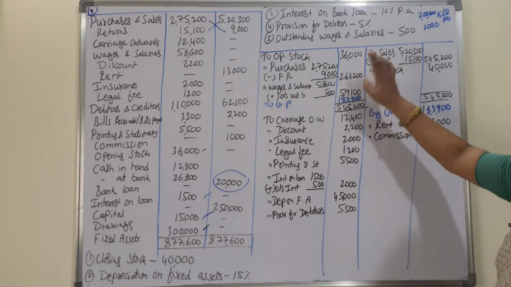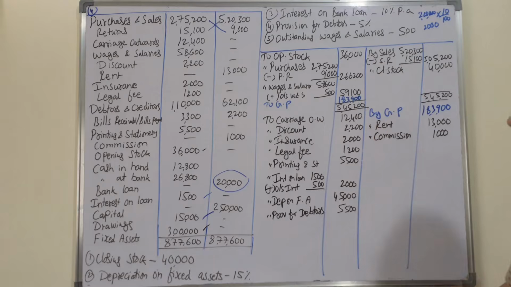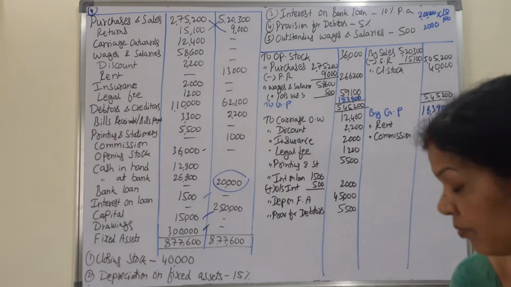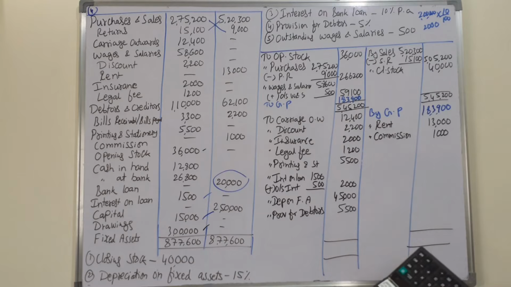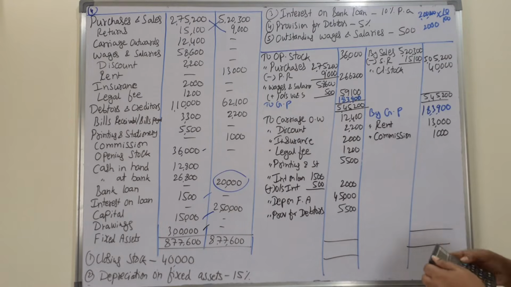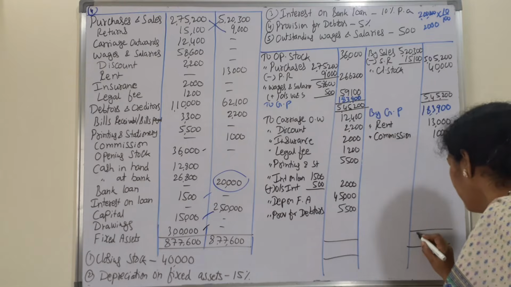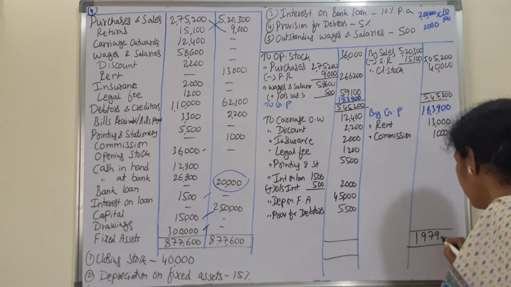Next, outstanding wages and salaries already taken. That's it, over. Now we'll close this. Total, if you see, 1,83,900 plus 14,000 is 1,97,900.